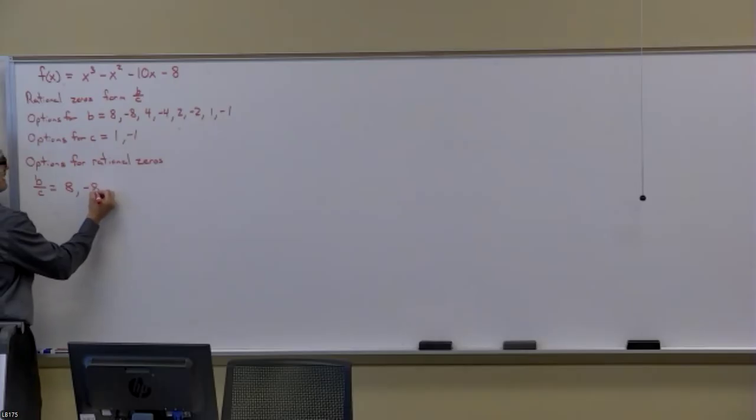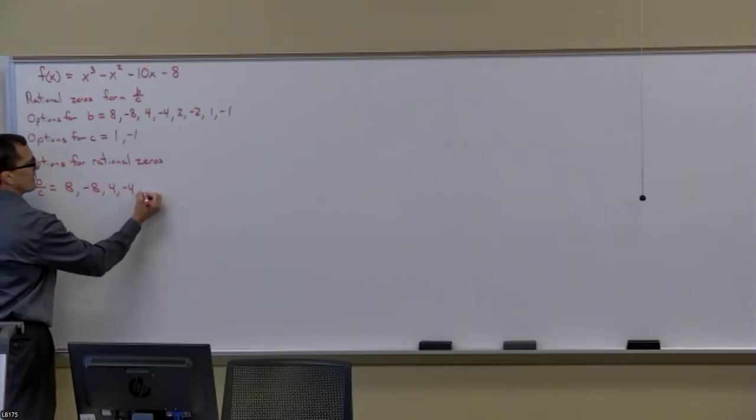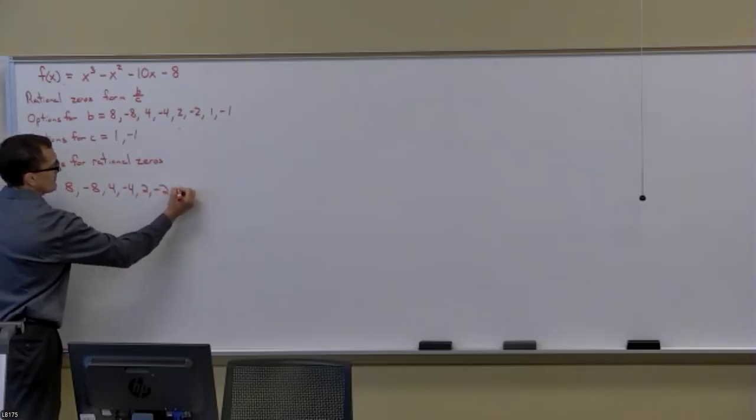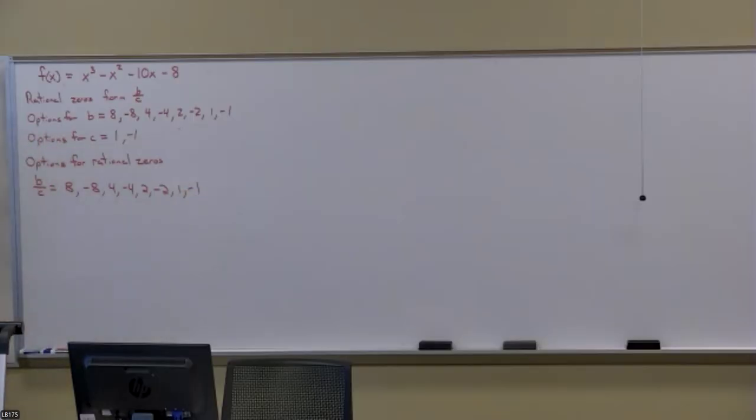Those are all just the actual b values. And then what's going to happen when I take those numbers over a -1 is I'm just going to get their opposites, which are already in the list. Okay with that? Like if I took an 8 over -1, that's -8, which is already in the list. -8 over -1, that's +8, that's already in the list.